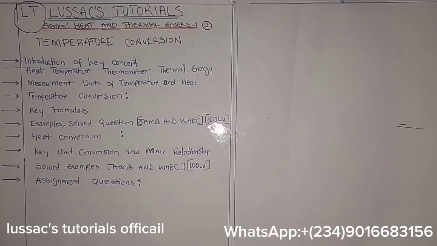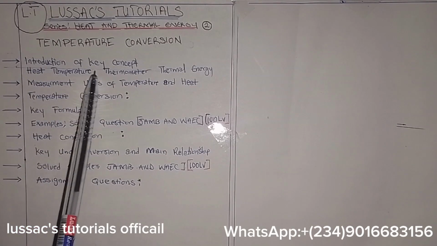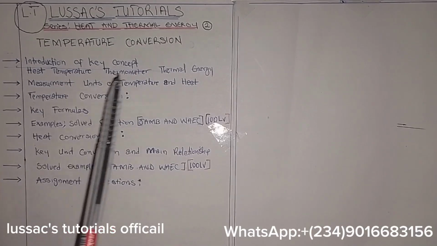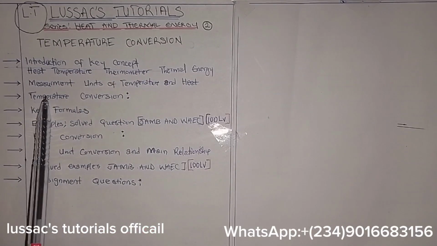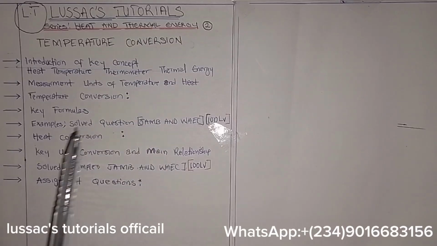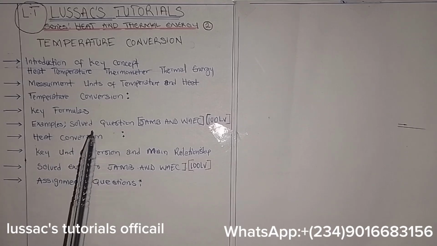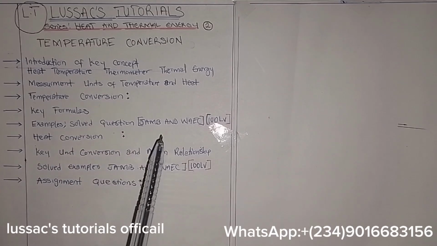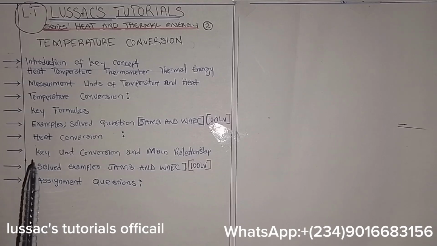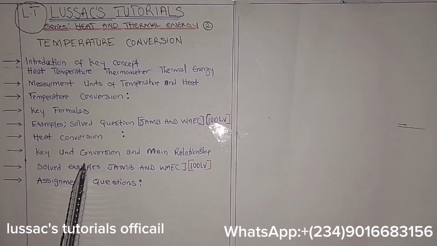Now, follow me. In this video, this is what you are going to be getting. I'm going to give an introduction of key concepts: heat, temperature, thermometer and thermal energy, measurement units of temperature and heat, temperature conversion, key formulas, solved example questions, JAMB, WAEC and 100 level questions, heat conversion, key units and main relationship, solved examples, JAMB, WAEC and 100 level questions.